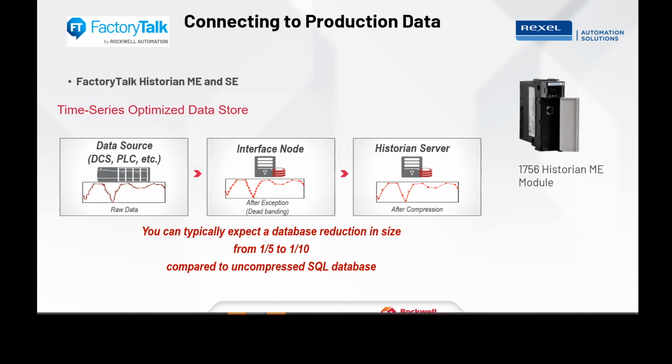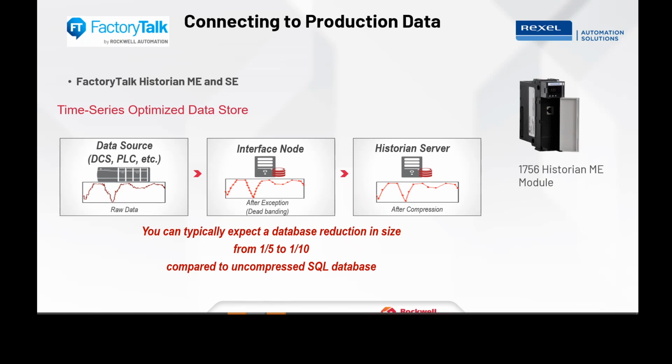Then the SE is our server PC based Historian. The big thing with the Rockwell Historian is the time series optimized data store. Compared to SQL, you can look at a significant database size reduction, as well as being able to save data for 10 to 30 years, depending on the number of tags, hard drive space, that kind of thing.